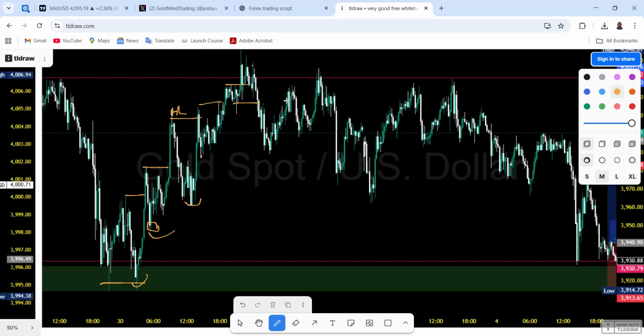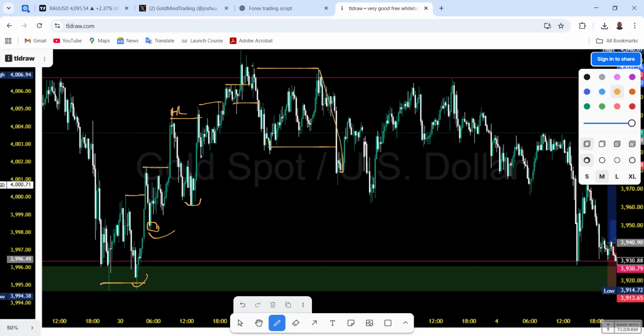Then it retraced back. If the market was to continue in a bullish trend, we would expect it to come and break, but it did not break structure. We see it came and retraced back there and then moved back and broke this structure.